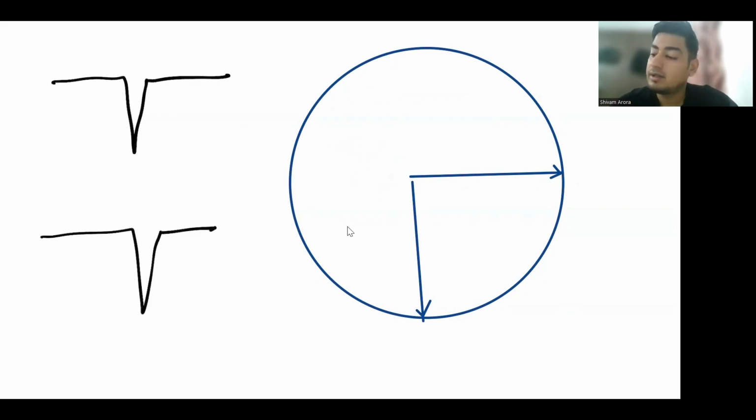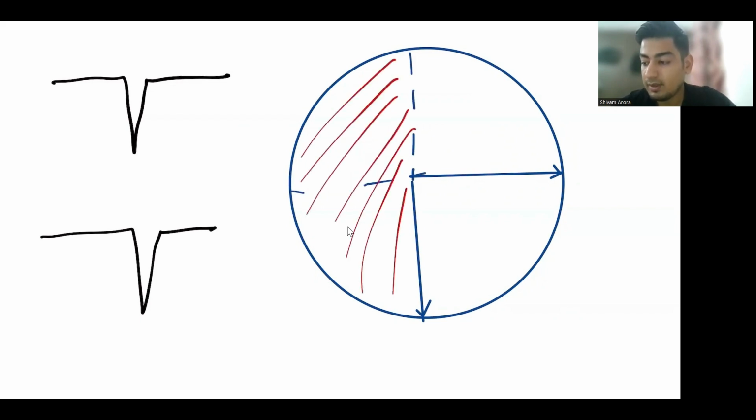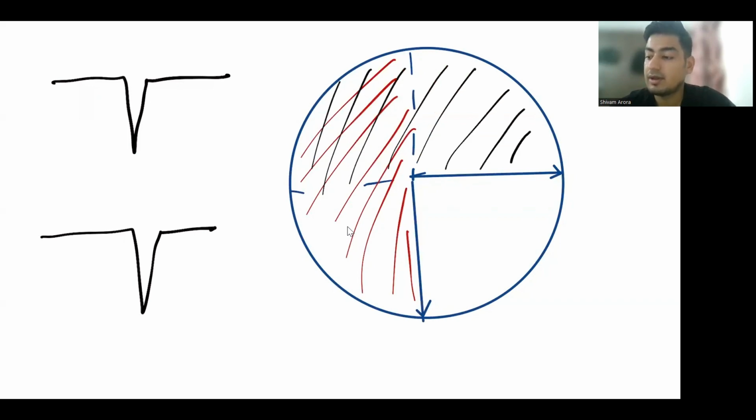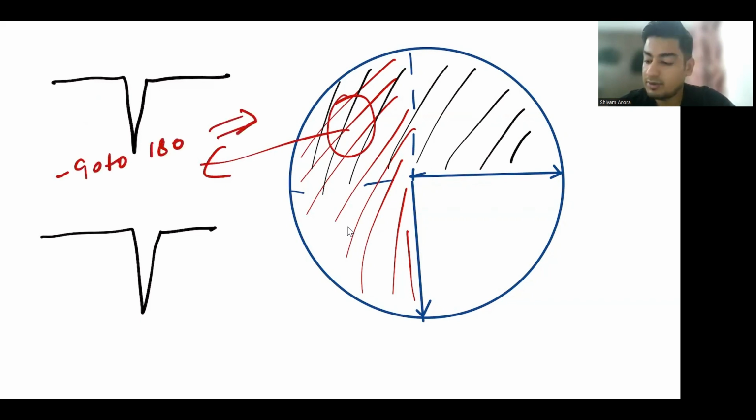Since lead 1 is showing a negative QRS, the axis would be in this hemisphere. And since lead AVF is also showing a negative QRS, axis would be in this hemisphere. The overlap region is this, minus 90 to 180, which corresponds to northwest axis, which is also known as extreme axis.